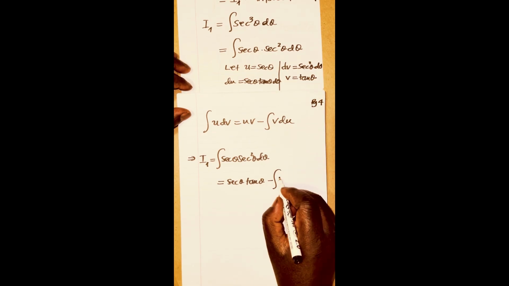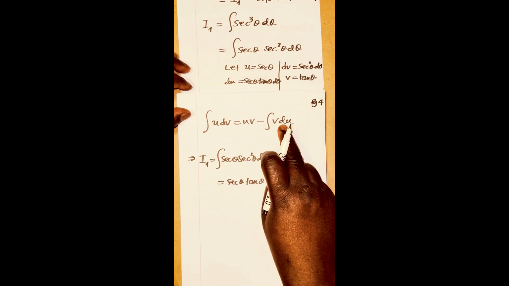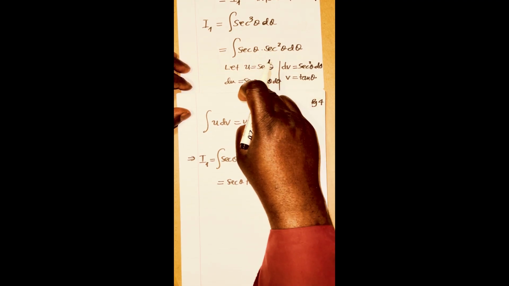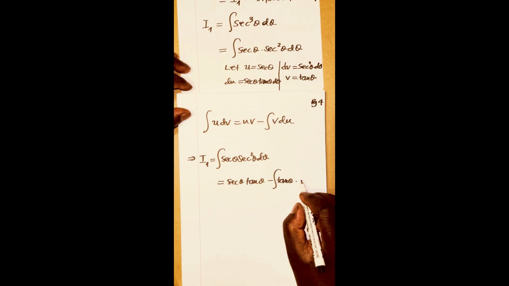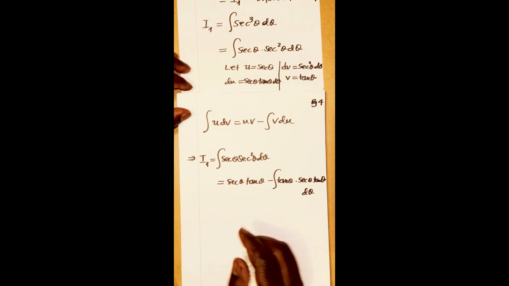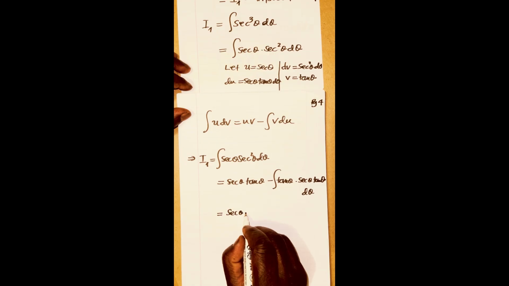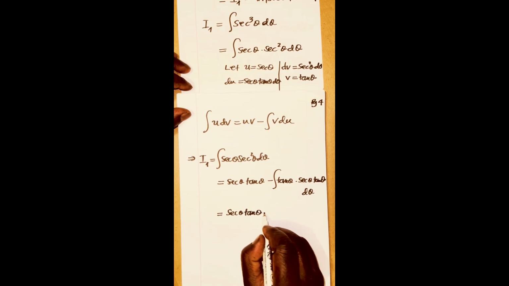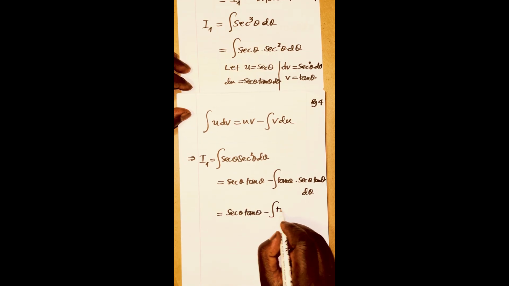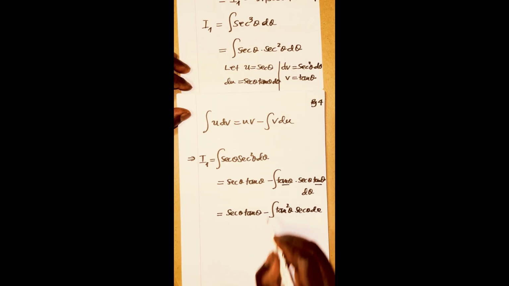What is v? Tan theta, times what is du? Remember, v du. du is sec tan. So this is sec theta tan theta d theta. If you simplify this, this is just sec of theta tan of theta minus the integral of tan squared of theta sec theta d theta, because that's tan squared.